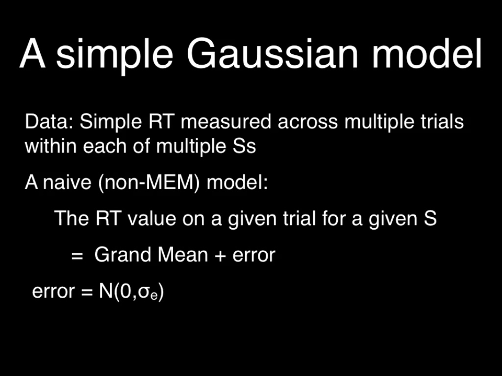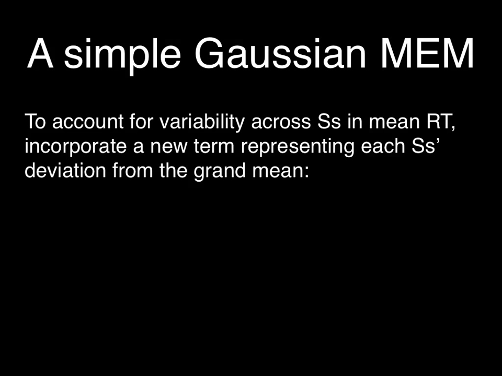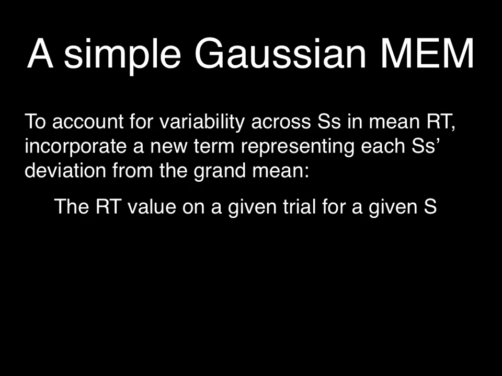But we all know this is a silly model, because people differ from one another in how fast they can react to things. To account for variability between participants in mean RT, we want to incorporate a new term representing each subject's deviation from the grand mean. So we have a less naive model.